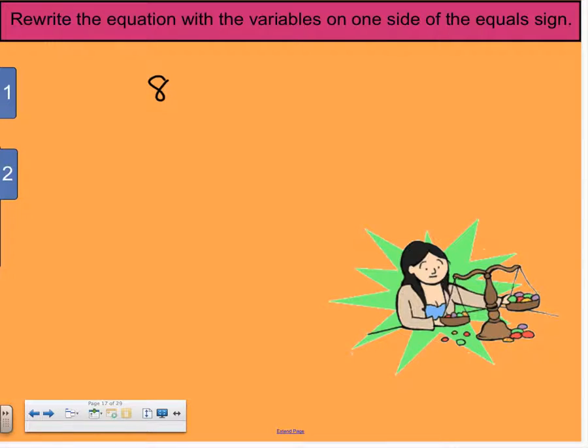The first example in your book is 8 plus 4d equals 5d. We are trying to take the variables, and instead of having them on both sides, we want them on one side. So this one is fairly straightforward. If I subtract 4d from the left side, adding 4d and subtracting 4d creates what we call a zero pair.